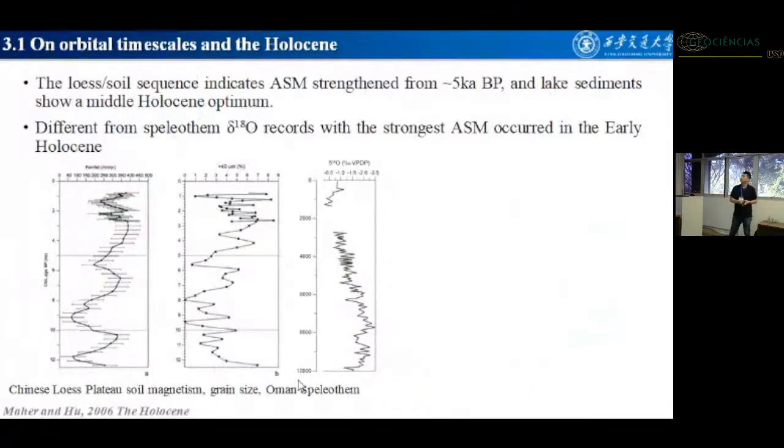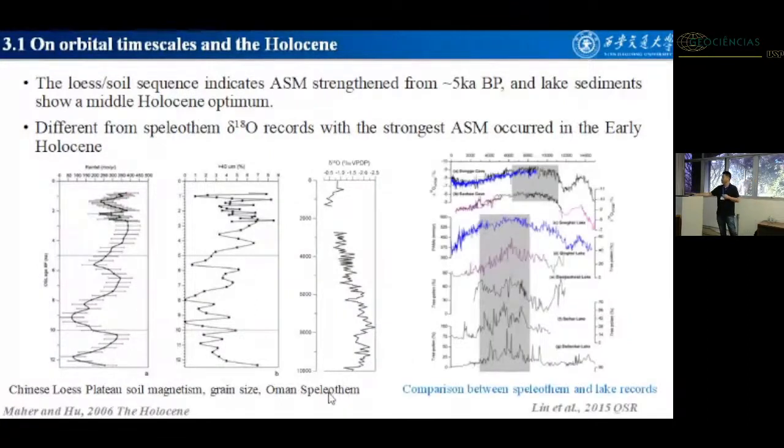But the lake sequences indicate the Asian summer monsoon strength from 5,000 years ago, and some lake sediments show a mid-Holocene optimum. This is different from speleothem δ18O records, with the strongest Asian summer monsoon occurring in the early Holocene.